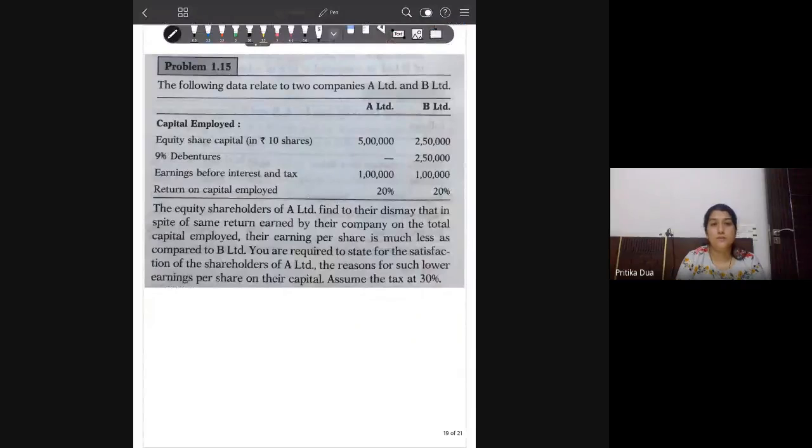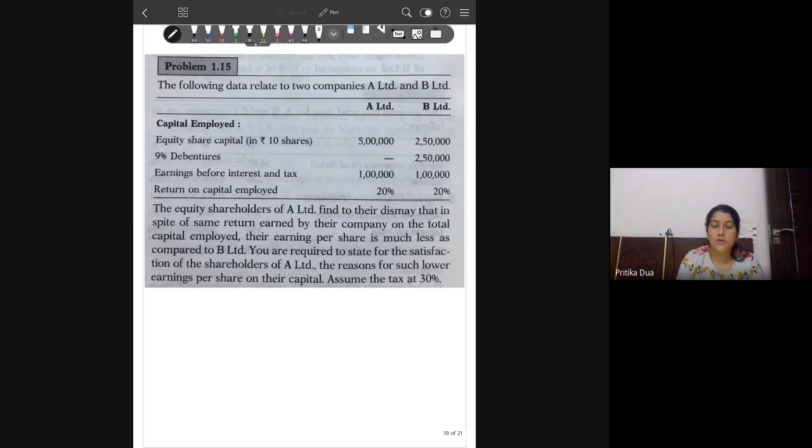So here is the next question. Given the data with respect to the capital employed for two firms A and B, after that the equity shareholders of A Limited find to their dismay that in spite of the same return earned, their earning per share is much less as compared to B. Now both the firms, they are employing 5 lakh of capital.